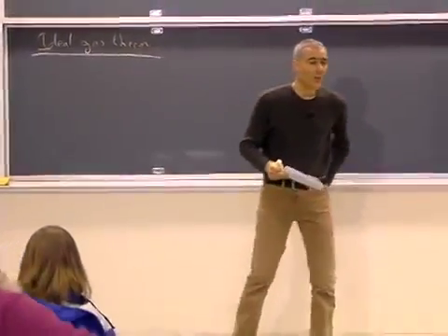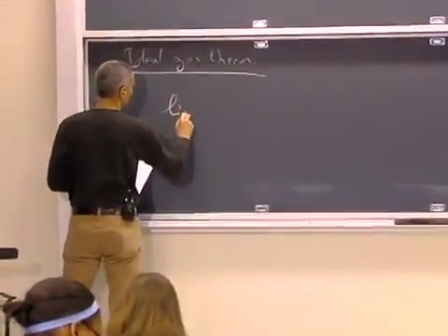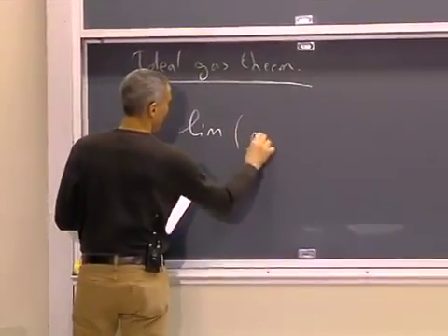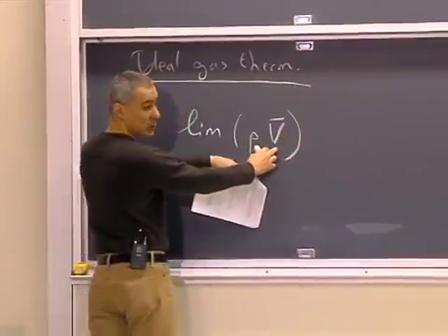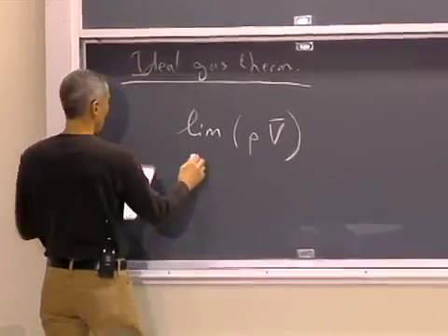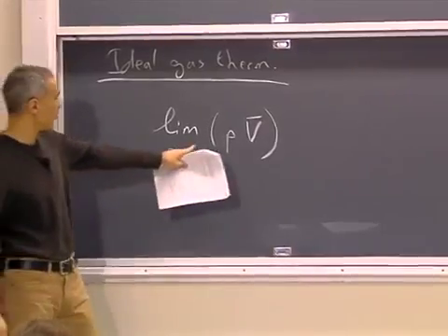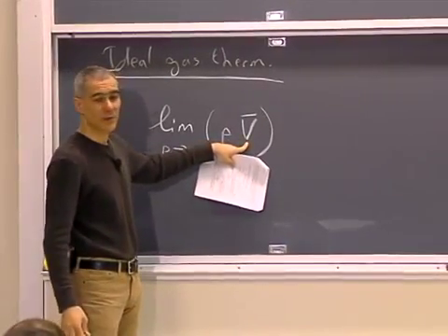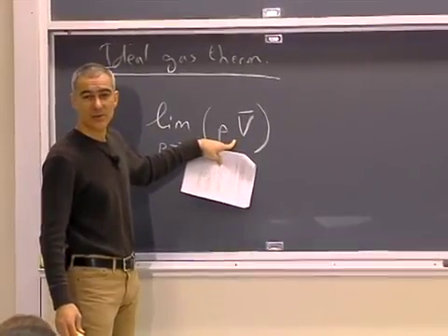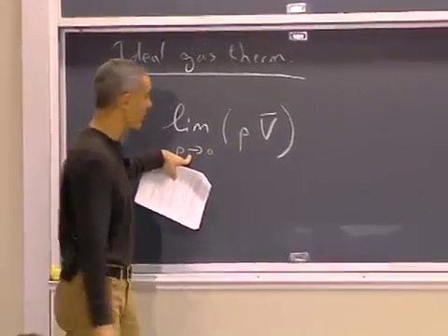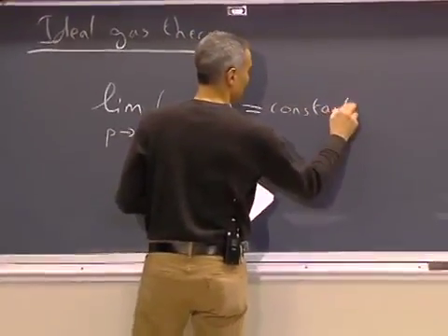It's based on Boyle's law. Boyle's law was an empirical law that Mr. Boyle discovered by doing lots of experiments. And Boyle's law says that the limit of the quantity pressure times the molar volume, as you let pressure go to 0, so you take a gas, you measure the pressure and the molar volume, then you change the pressure again, and you measure the pressure and the volume, you multiply these two together, and you keep doing this experiment, getting the pressure smaller and smaller, you find that this limit turns out to be a constant, independent of the gas.